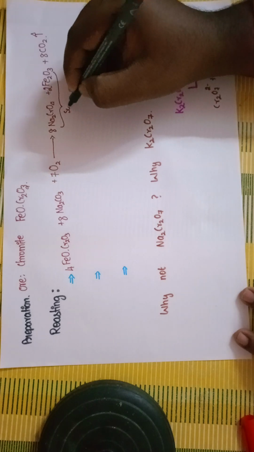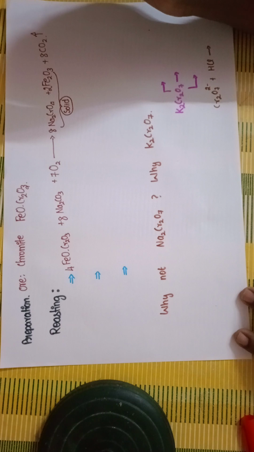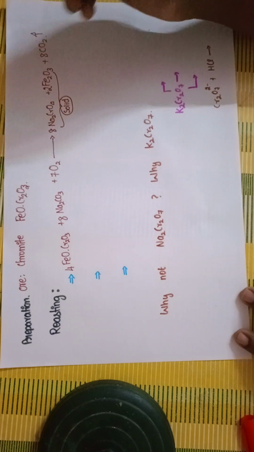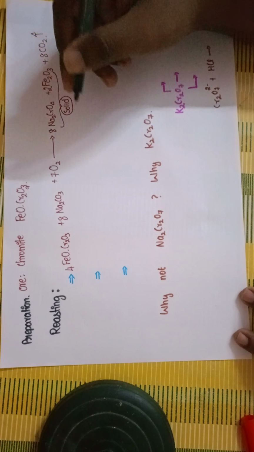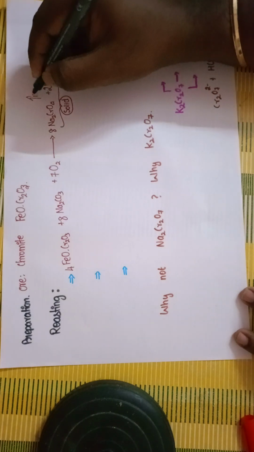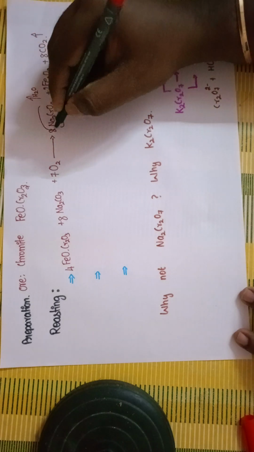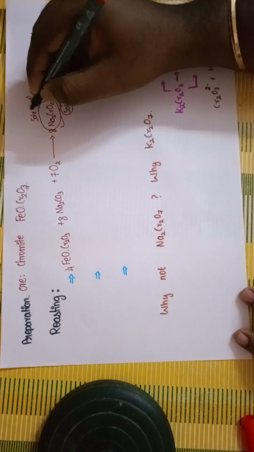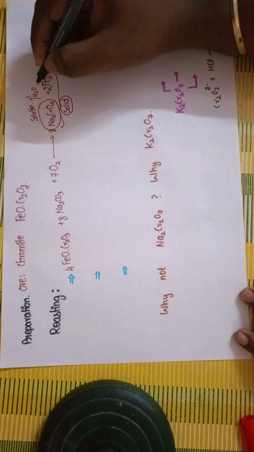Now these two are solid. They will be obtained in the solid state. How will you identify which one is sodium chromate and which one is iron oxide? This should be treated with water. Sodium chromate is soluble in water, whereas Fe2O3 is insoluble.